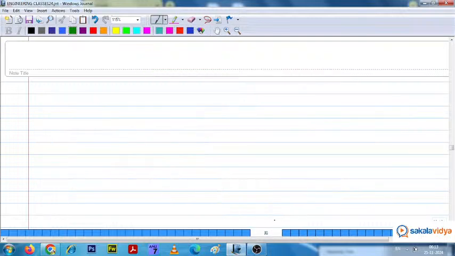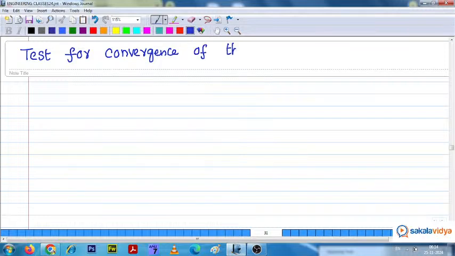Let us try to solve the first question today. Note down the first question: test for convergence of the following series.